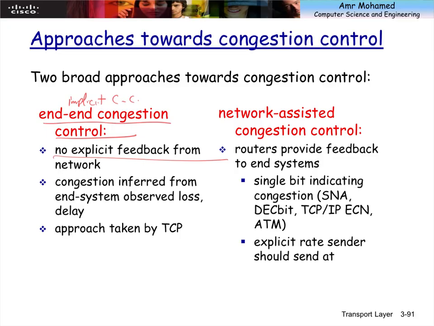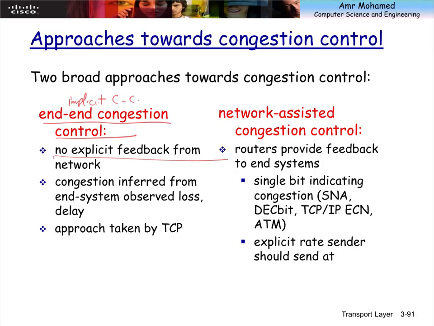These indicate that possibly there is a lost segment or a very delayed segment, right? Is that really an indication of congestion? Not necessarily. But we will assume that there is a state of congestion. Okay, so it's an assumption. This is the approach taken by TCP.